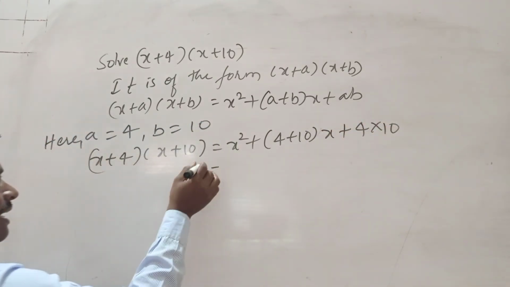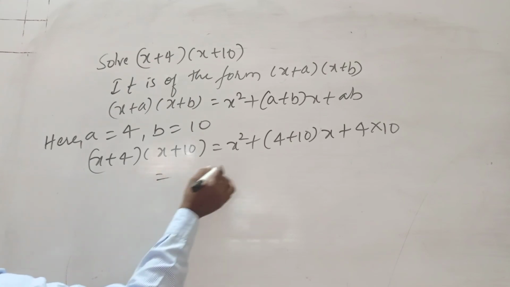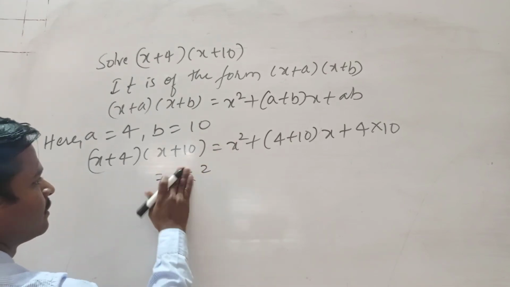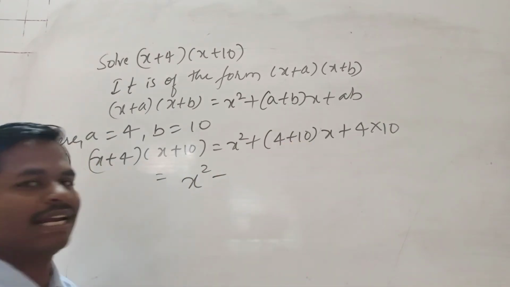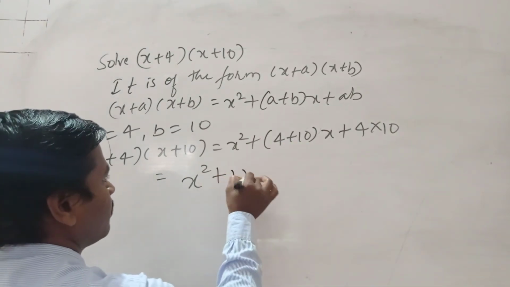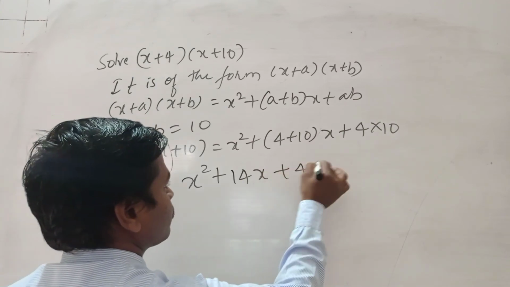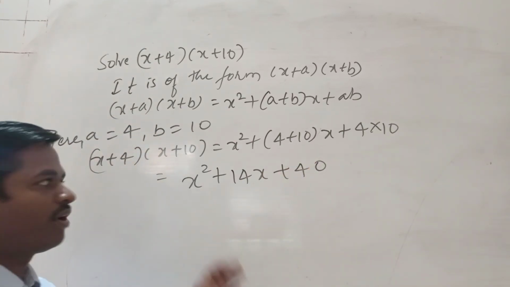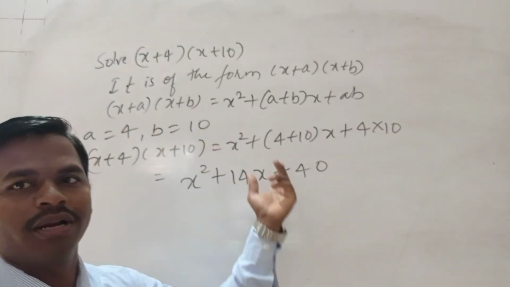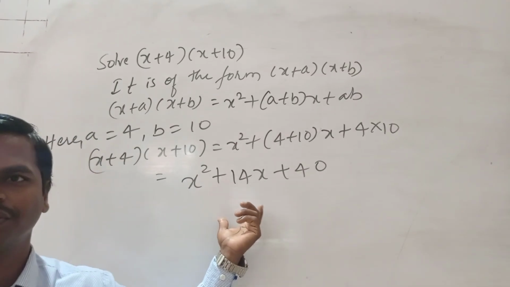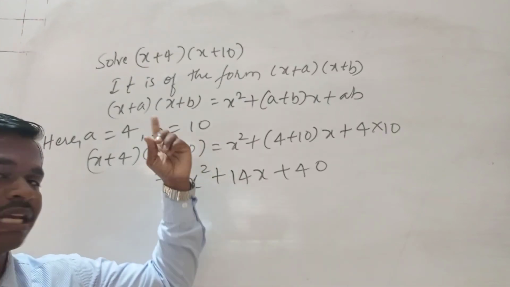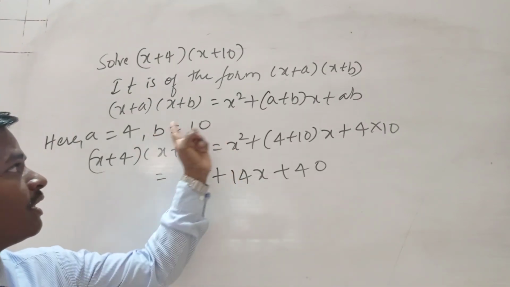What will you get as the answer here? x square plus 14x plus 40. This is the simplified form of the given polynomial. We are expanding using the formula and writing in this form. Okay, the expanded form of this given polynomial by using this formula.